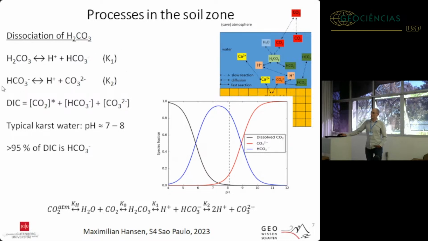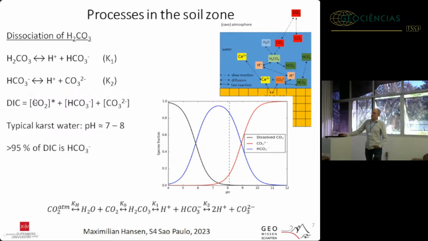In the second stage, the bicarbonate will dissociate to hydrogen and carbonate ion, which is described by this reaction constant. And the total amount of dissolved carbon in the solution is just the sum of all the different species involved in the carbonate system: the dissolved CO2 and the carbonic acid, the bicarbonate and the carbonate.